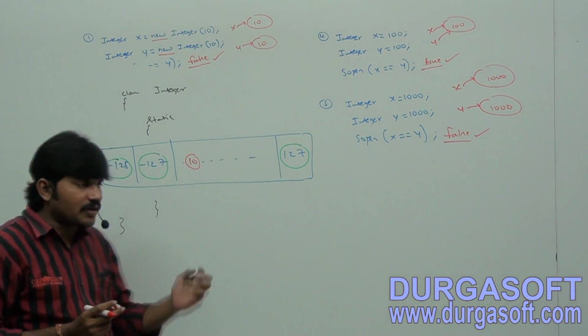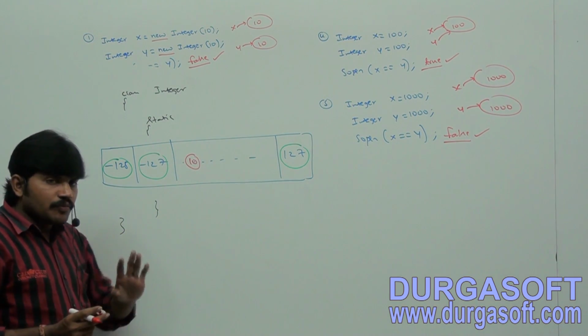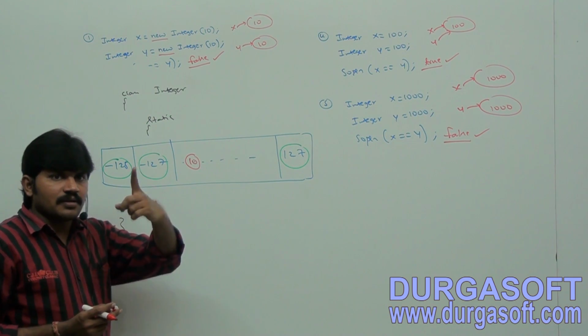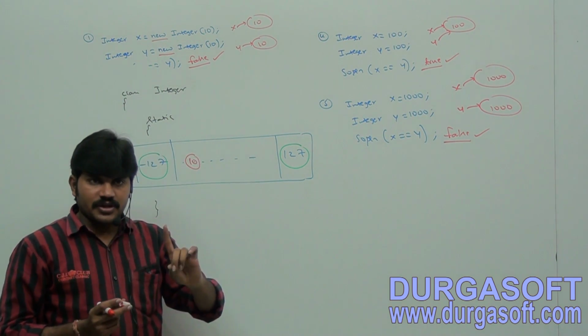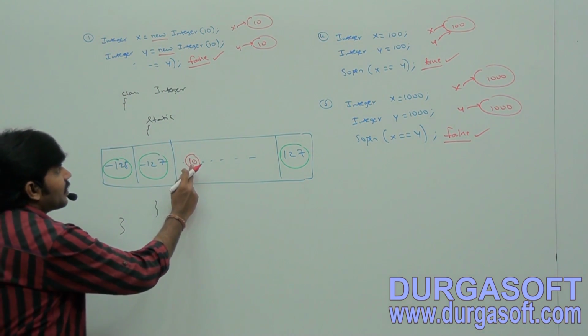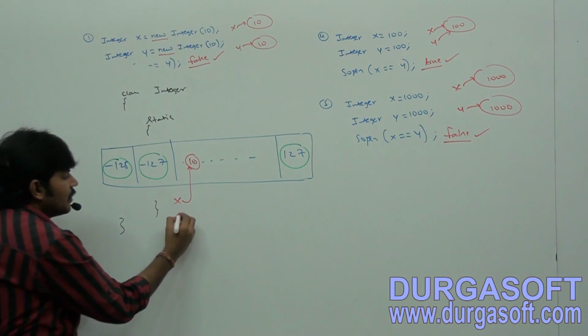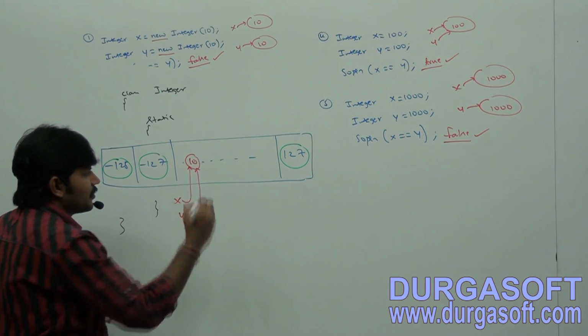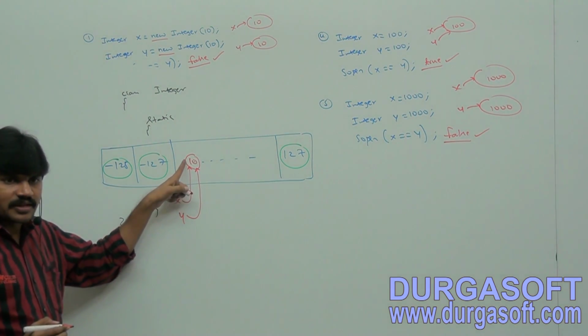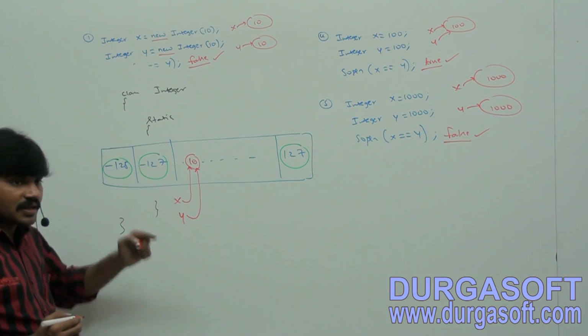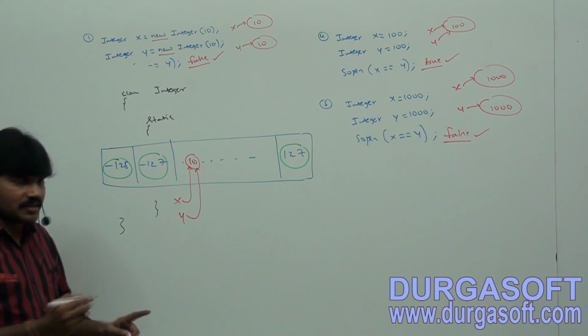If it is there in the buffer, it will use that object. If it is not there, it creates a new object always. That's why Integer x is equal to 10 and Integer y is equal to 10 point to the same object. That's why in case 3 we got true.